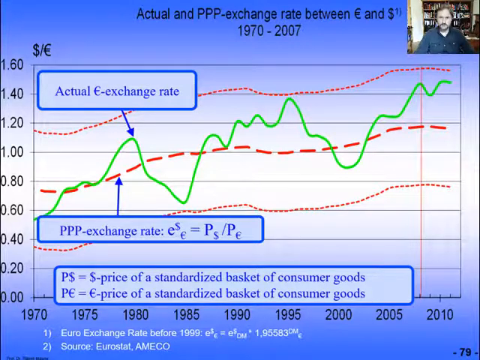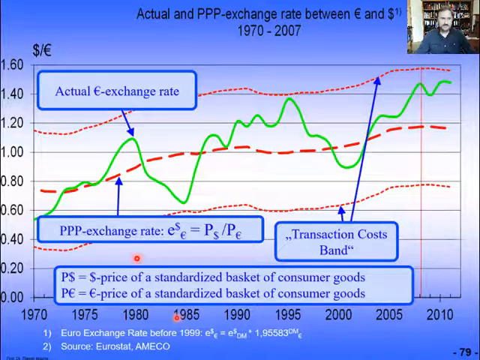The transaction costs band lies, according to our formula, around the purchasing power parity exchange rate. Within this band now, the actual exchange rate cannot be influenced by international trade. So it's undetermined within this band. Given these transaction costs, the actual exchange rate is either not high enough to cause imports or not low enough to cause exports.